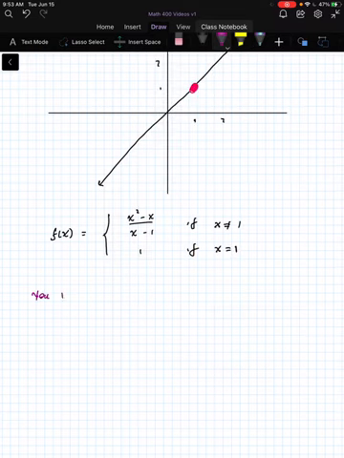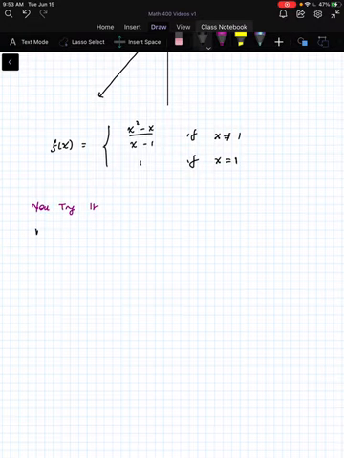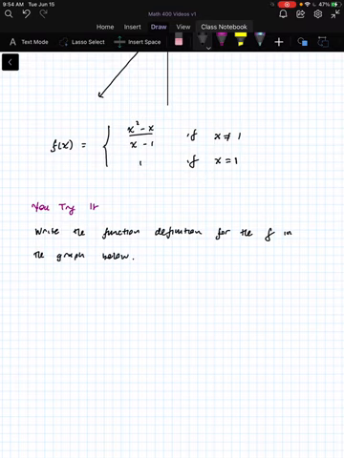Now, let's have you try it. So here, your task is to write the function definition. In other words, as a piecewise defined function with the bracket and the different lines for different parts of the domain, for the f in the graph below.